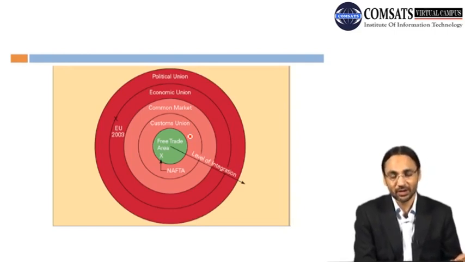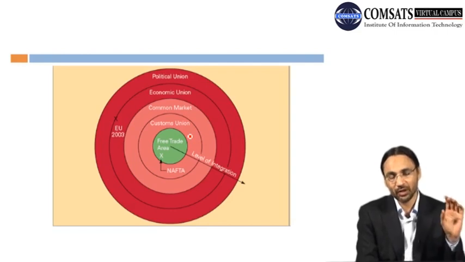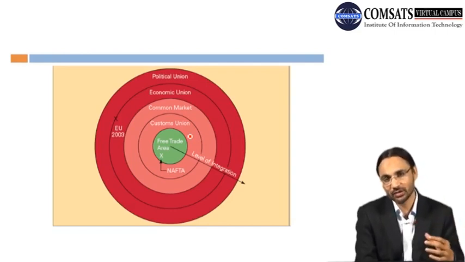This is the level of integration. The most important thing is when countries start some sort of integration, the first step would be the free trade area, and gradually they continue towards customs union, common market, economic union, and the last and final level of integration could be political union.